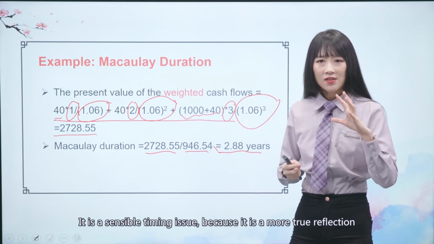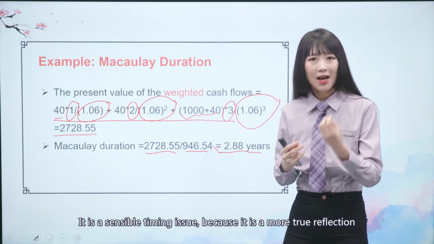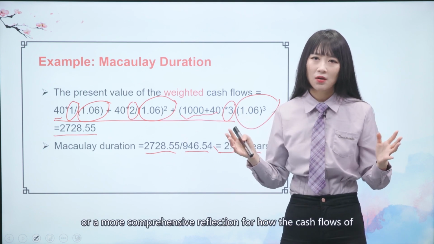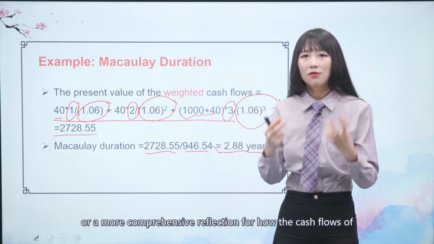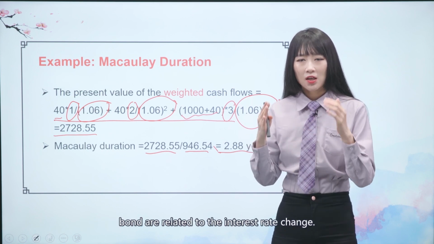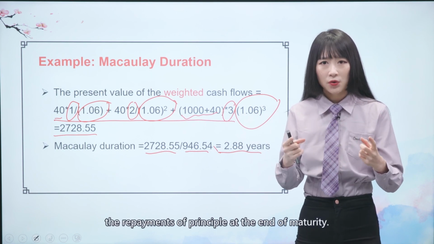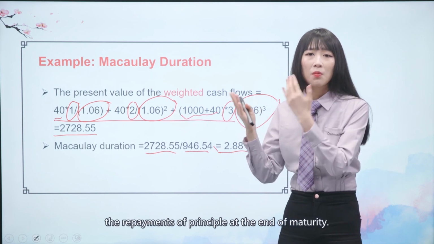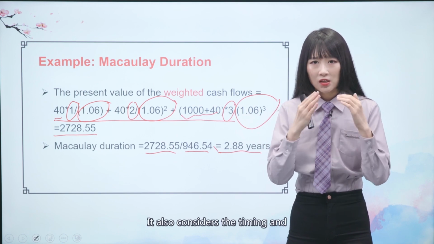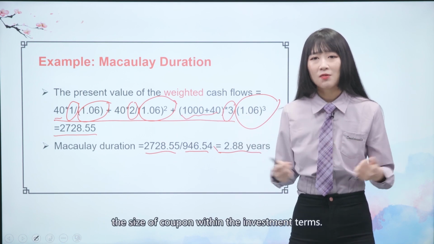It is a more sensible timing measure because it is a more comprehensive reflection of how the cash flows of a bond are related to the interest rate change, because duration considers both the repayment of principal at the end of maturity and the timing and size of coupons within the investment term.